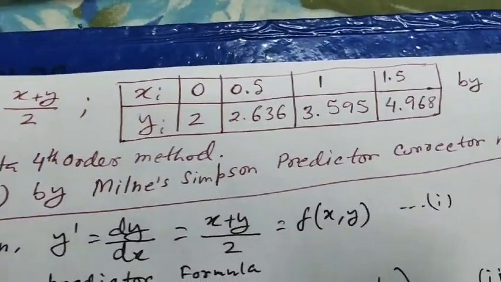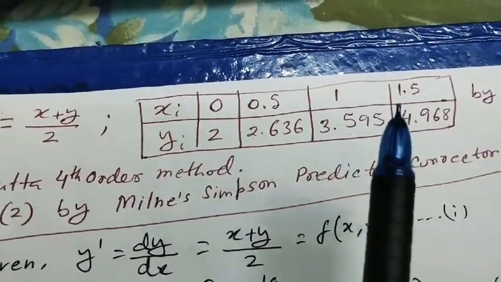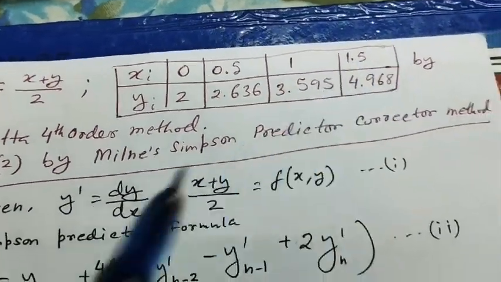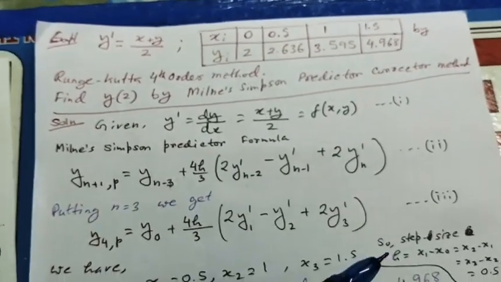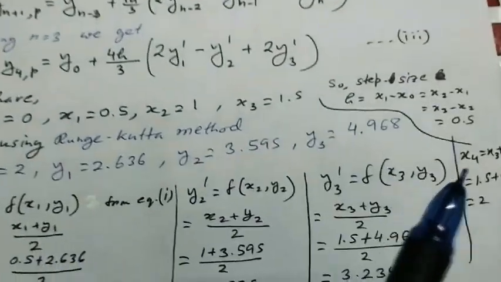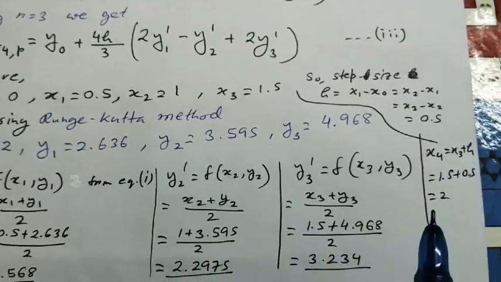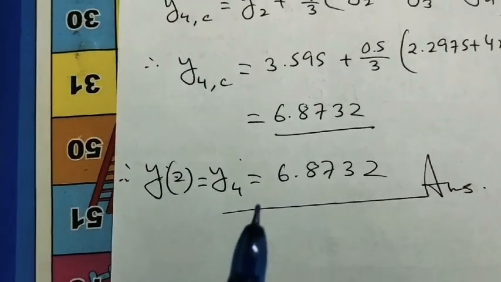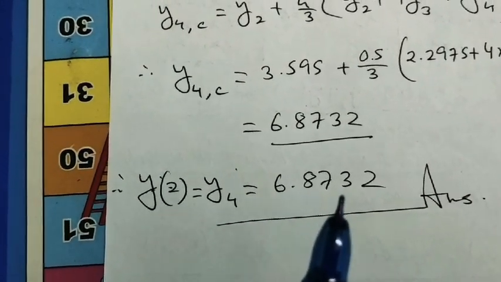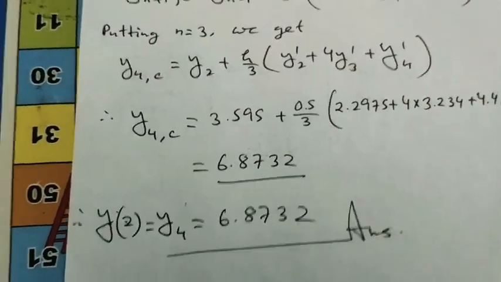So x3 plus h is 1.5 plus 0.5, the value of h is 0.5. So x4 will become 2. So y at x equals 2, y4, equals 6.8732, and that is the answer.